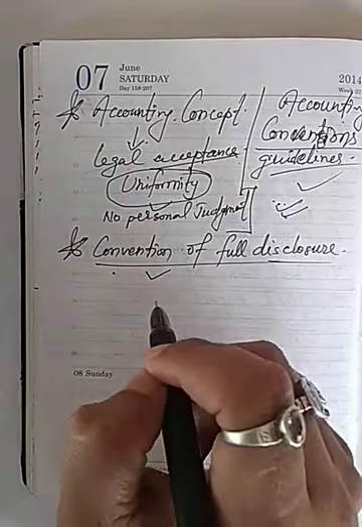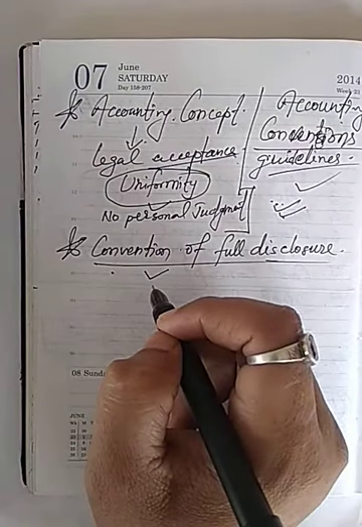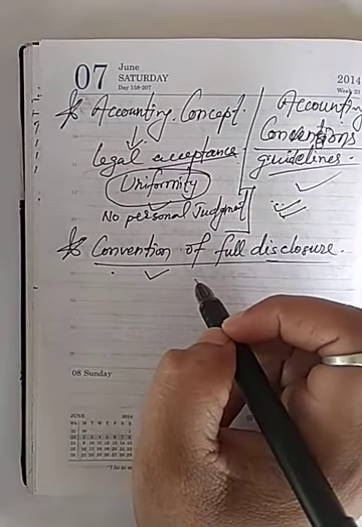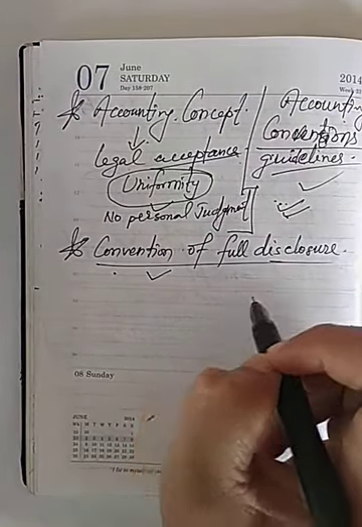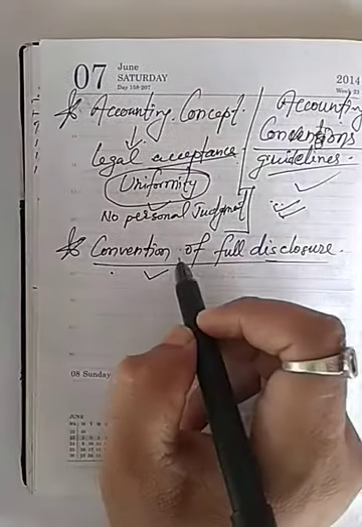In other words, there should be a sufficient disclosure of information which is of material interest to the users of financial statements, such as proprietors, present and potential creditors, investors, and others.